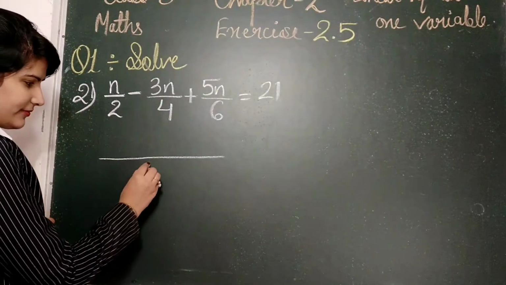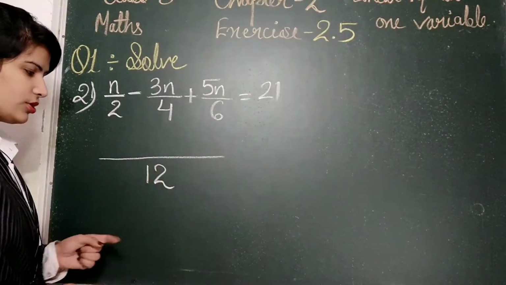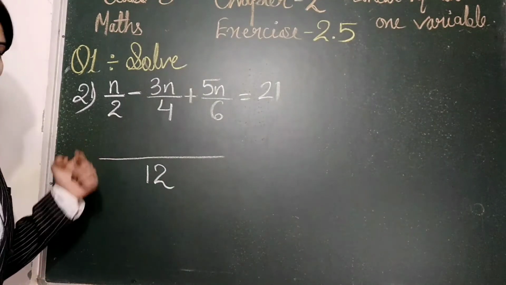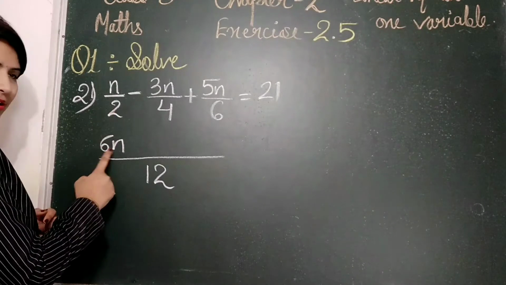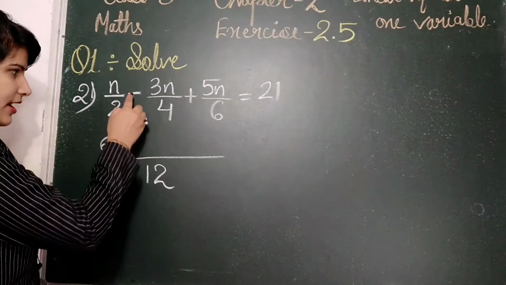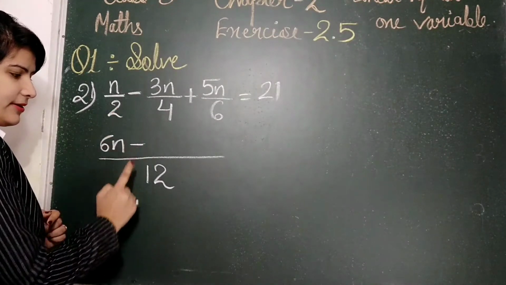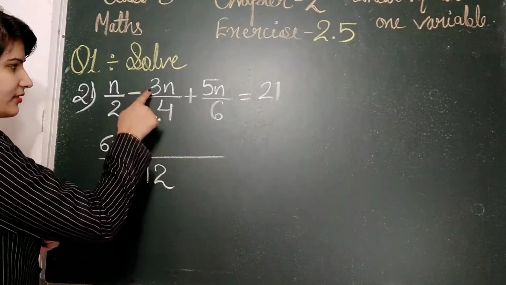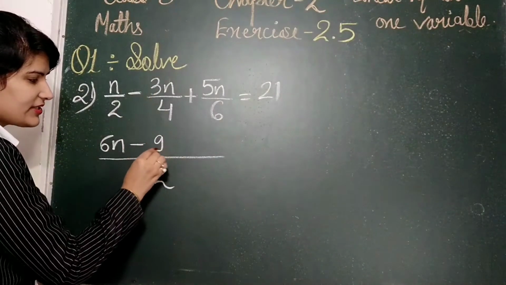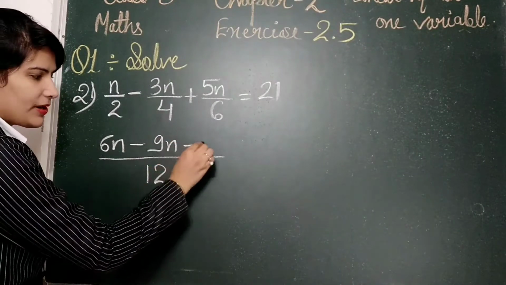12, right? Now 12 divided by 2, you will get 6, into n, 6n. Again minus sign is there. 12 divided by 4 you will get 3, and 3 into 3, 3 threes are 9. Now plus sign is there.